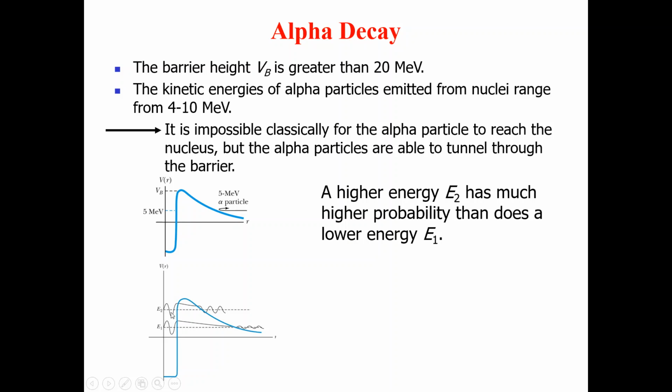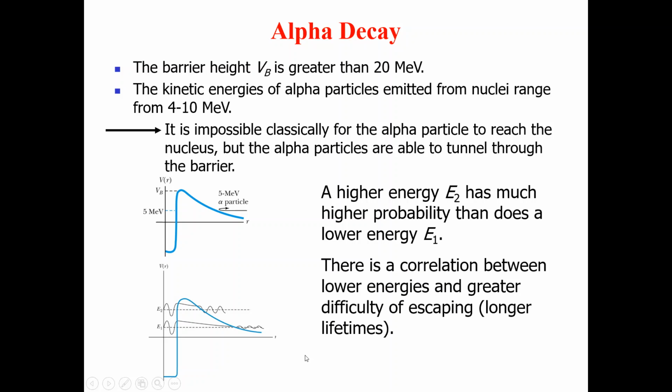Also, you can see here we have the energy levels E1 and E2. E2 is a higher energy as compared to E1. A higher energy E2 has a much higher probability than the lower energy E1 for particles to overcome the barriers.